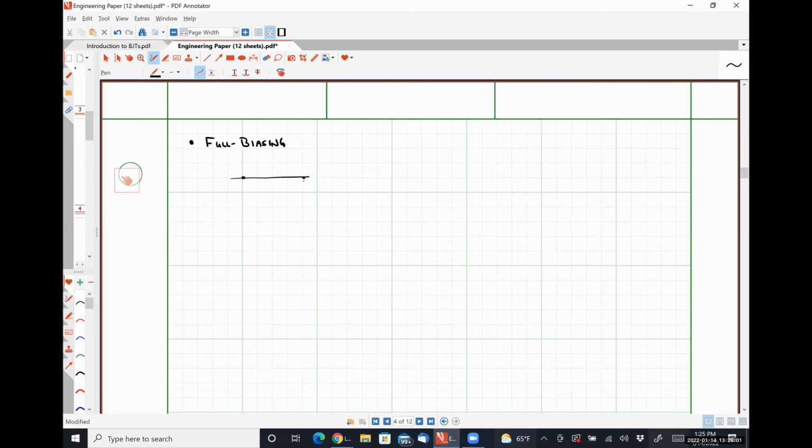And this difference here fixes a problem with the resistive divider biasing, okay? So let's call this guy RC. We're gonna do what's called emitter degeneration. That literally just means putting a resistor between the emitter terminal and ground.